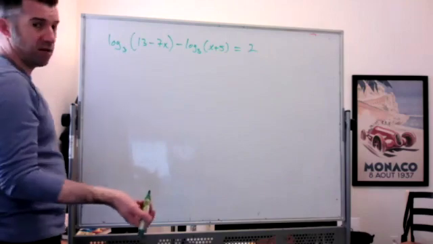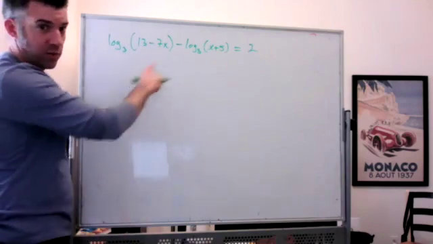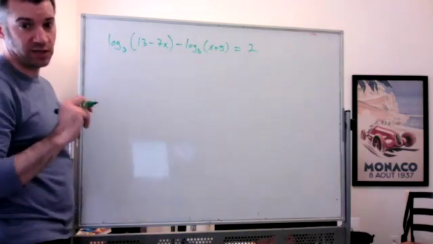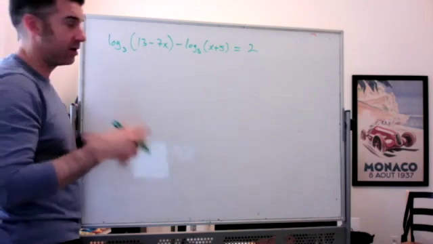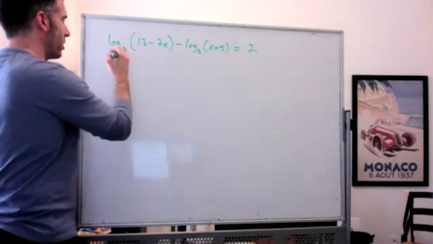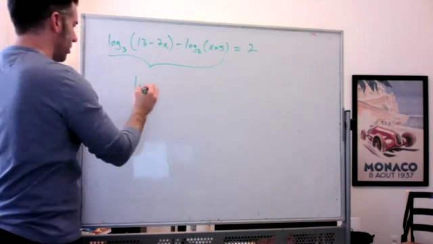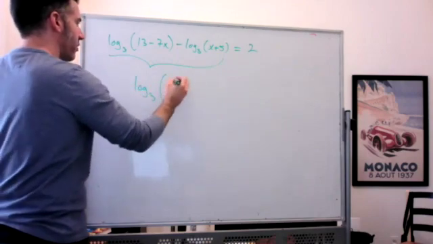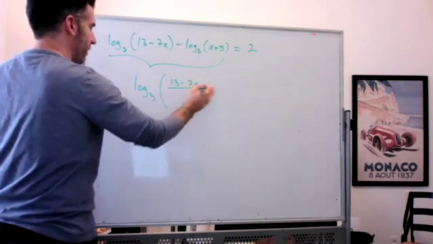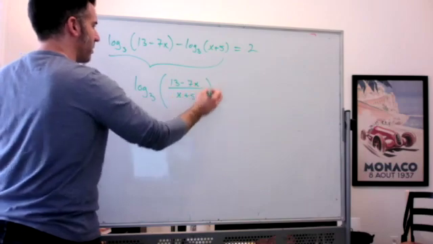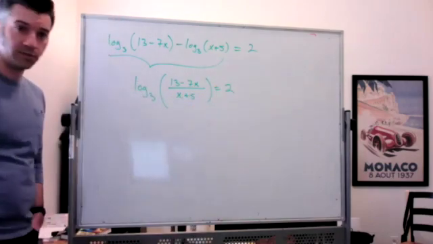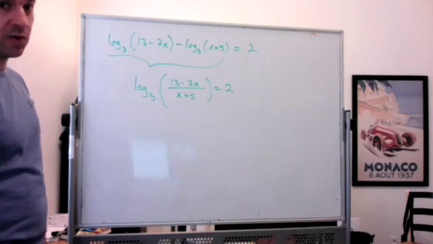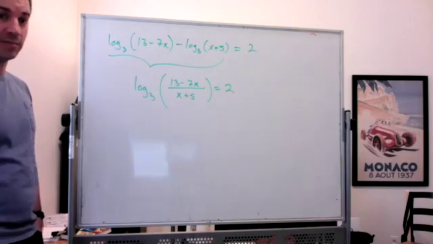If I'm trying to solve a logarithmic equation like this where I have more than one logarithm, usually the first thing is to compress those logs together. Since it's subtraction, we're going to rewrite this as log base 3 of 13 minus 7x divided by x plus 5 equal to 2. And then we're going to rewrite this equation as an exponential equation.